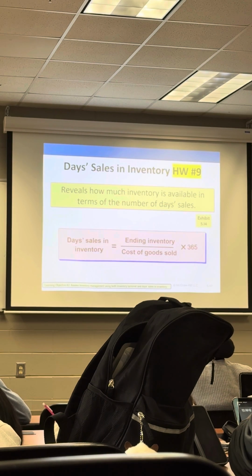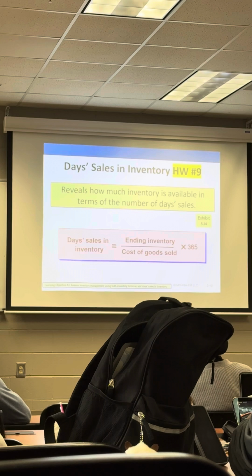And the days sales in inventory tells us how much inventory is available in terms of the number of days. So ending inventory divided by cost of goods sold times 365. This tells us how many days our inventory sits on the shelf before it's sold, basically.